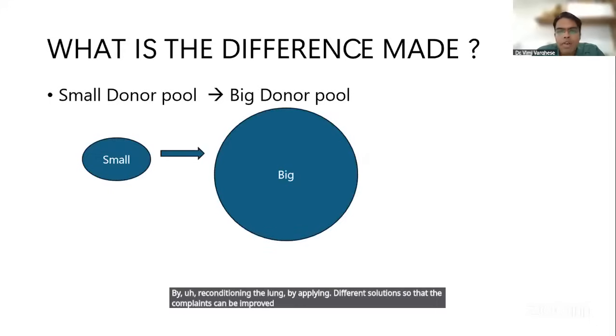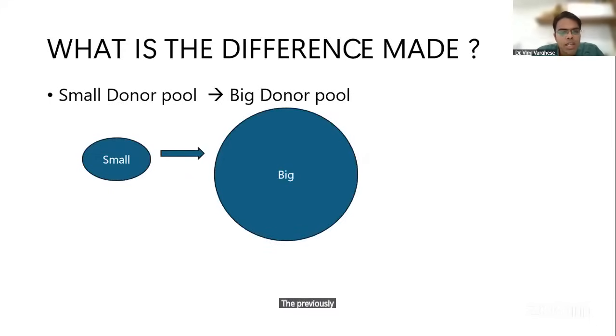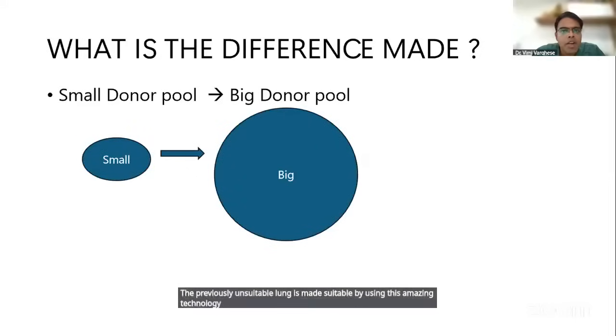And we have a different set of criteria, as I have mentioned, so that the previously unsuitable lung is made suitable by using this amazing technology called Ex Vivo Lung Perfusion or an EVLP.